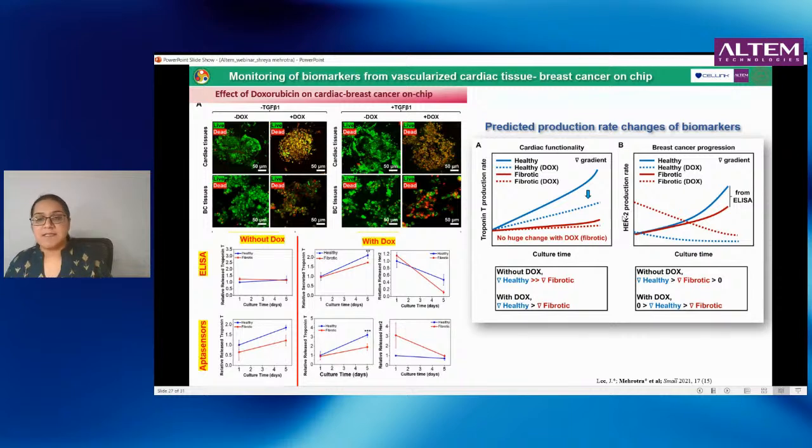So we propose that this sensing system may form the basis of low cost and high precision platforms for personalized medicine kind of systems.